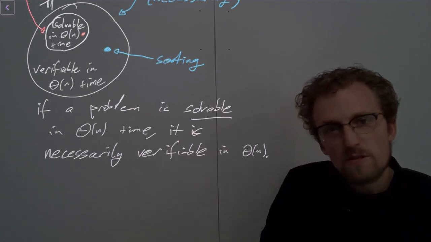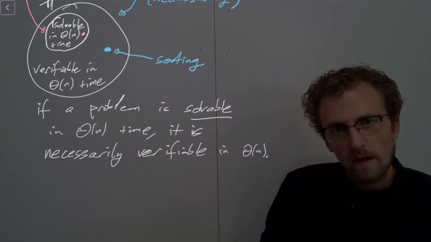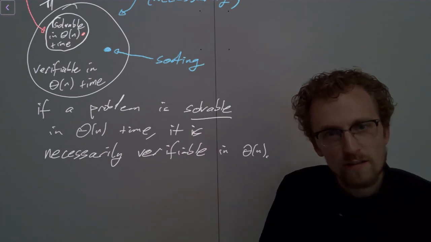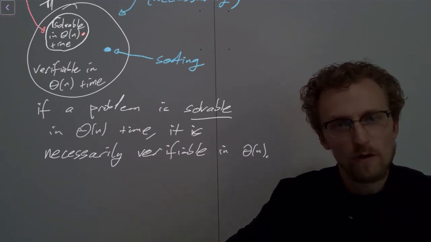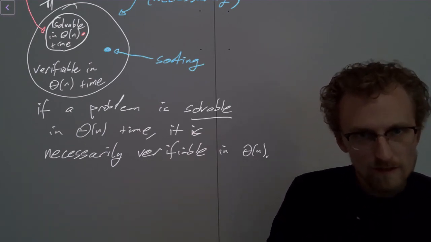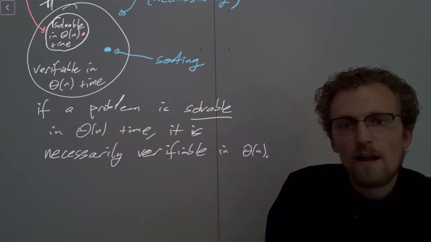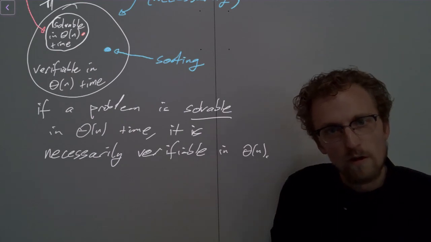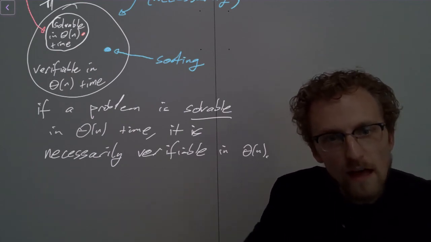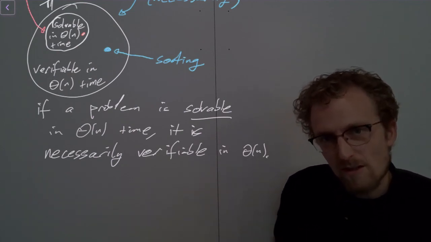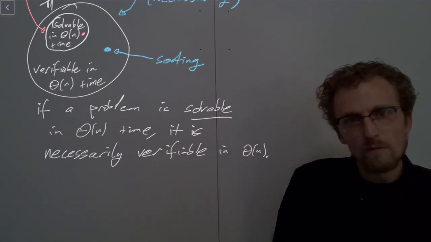So there's this asymmetry with sorting in terms of which direction you're trying to go. If you're trying to start at the correct solution and check that it's correct, that's fast. If you're trying to start at an unknown solution and generate a correct solution, that's a little bit harder. Not much harder, just logarithmically harder, but a little bit harder.